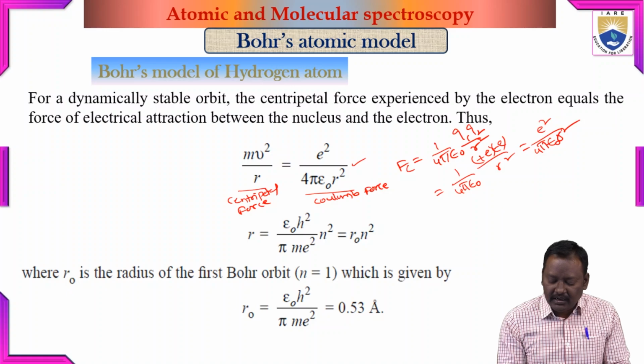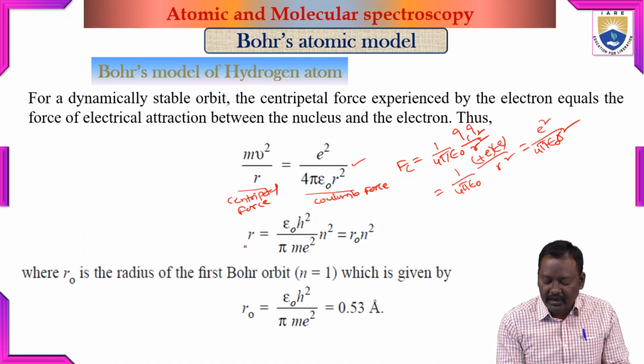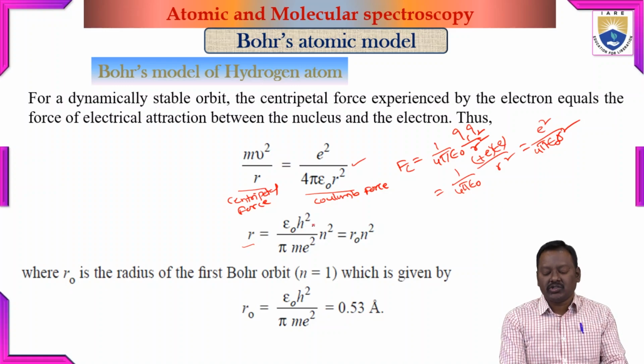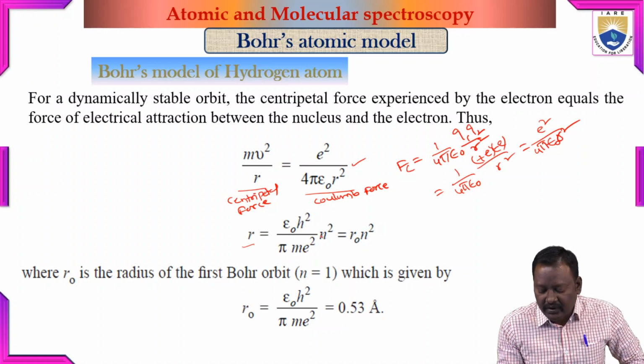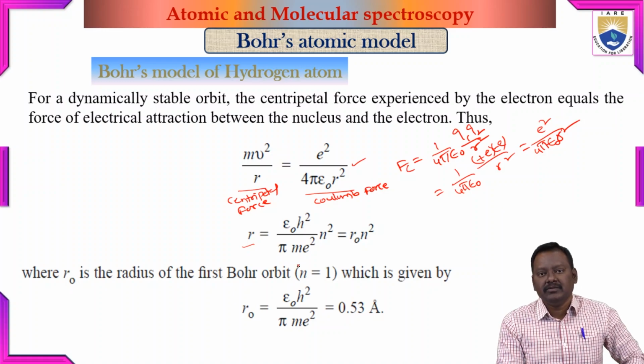If you calculate the radius, it equals epsilon naught h square by pi m e square, into n square.